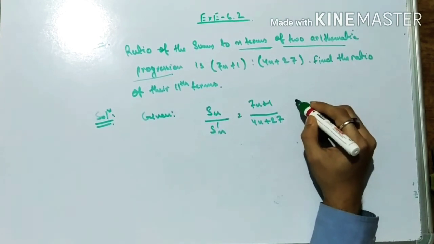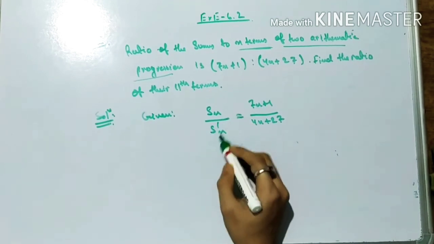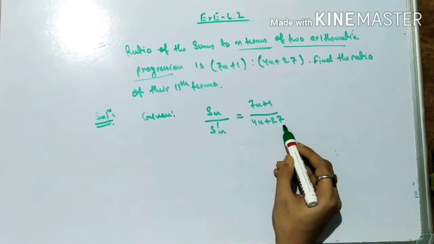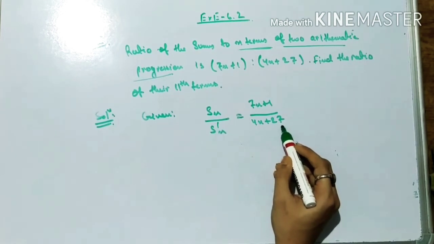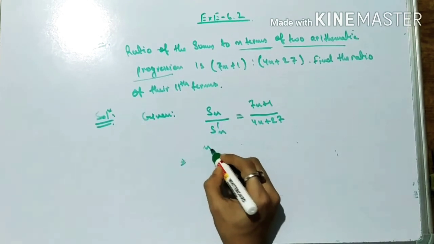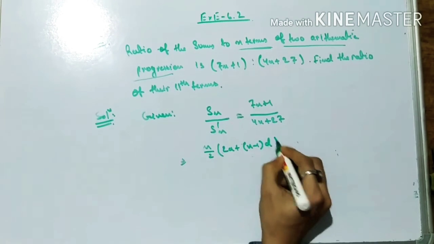Now you see Sn, how can I write? Sn I can write as n by 2 into twice a plus n minus 1 into d.